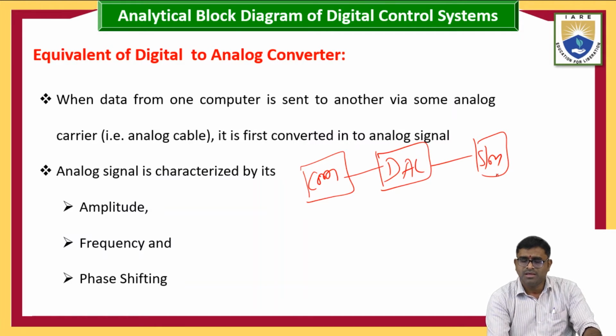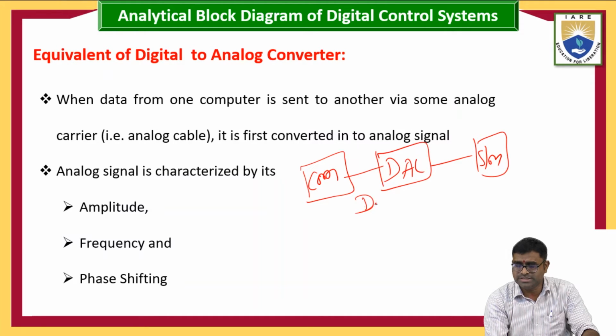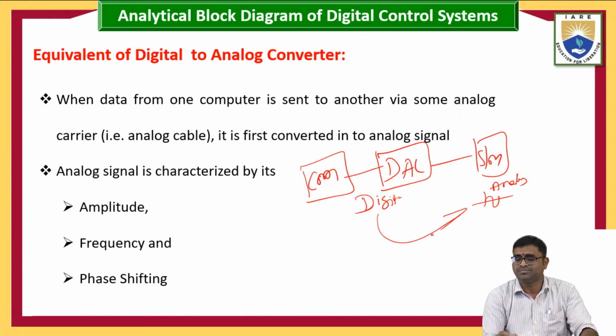What I am saying is that the computer is going to send some analog carrier signals. The digital output is different; for the system we require analog. So this digital form is converted into analog form, and that analog form is given to the system.